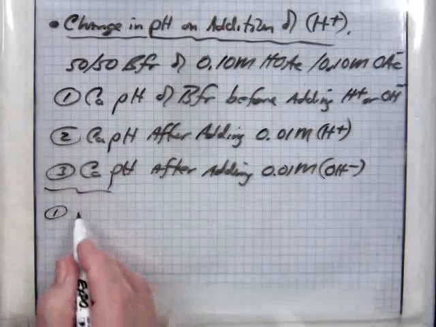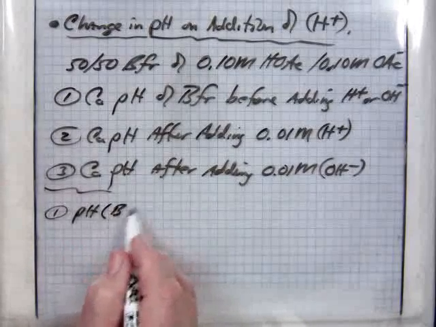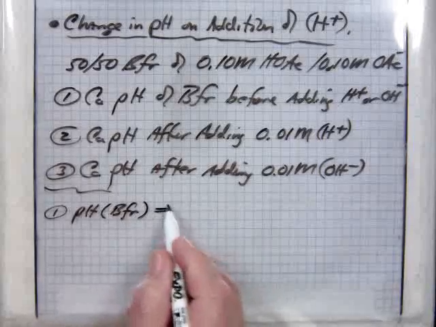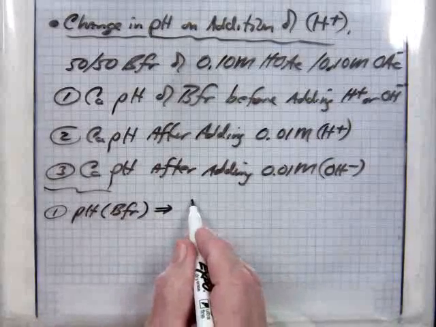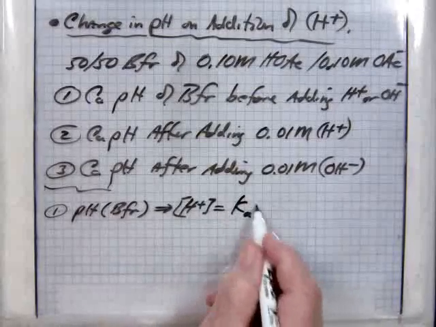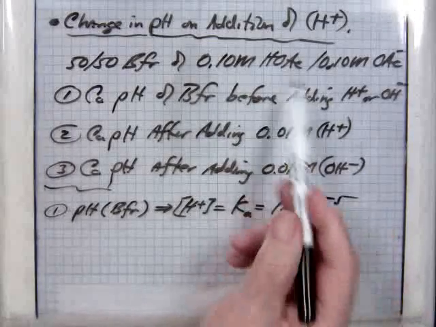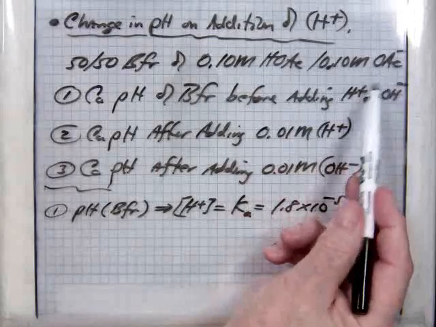First, the pH of the buffer. Of course, the hydronium ion concentration is equal to the Ka value, which is 1.8 times 10 to the minus 5, because we have the 50-50 buffer here, as we've shown you.